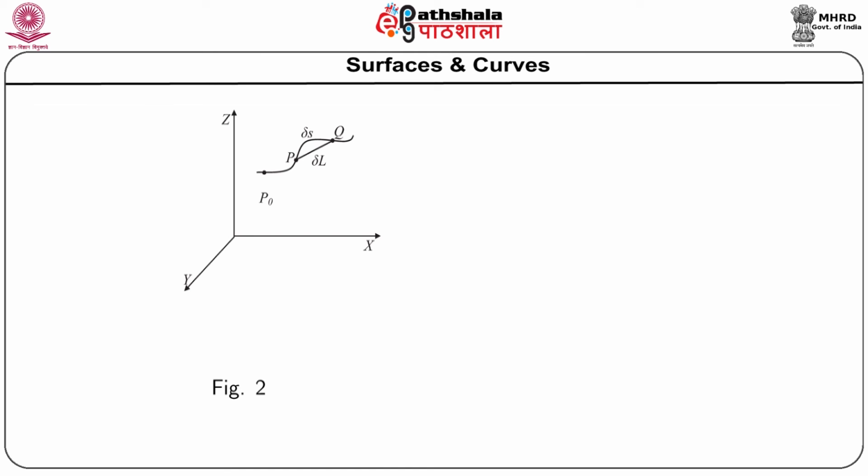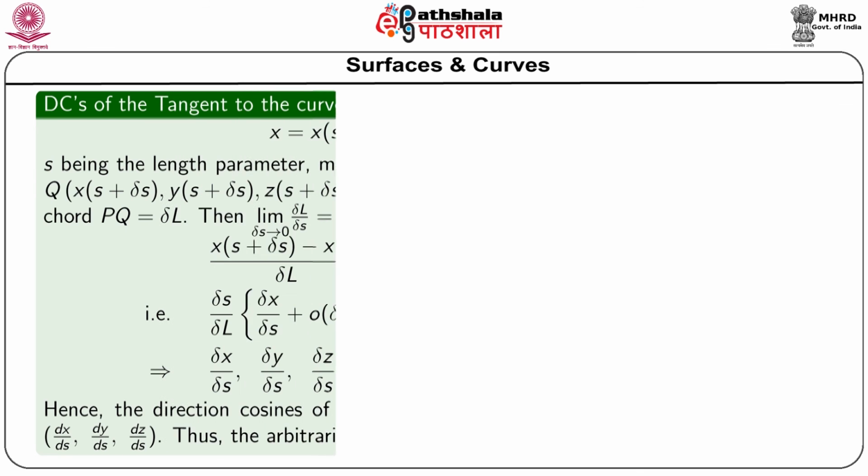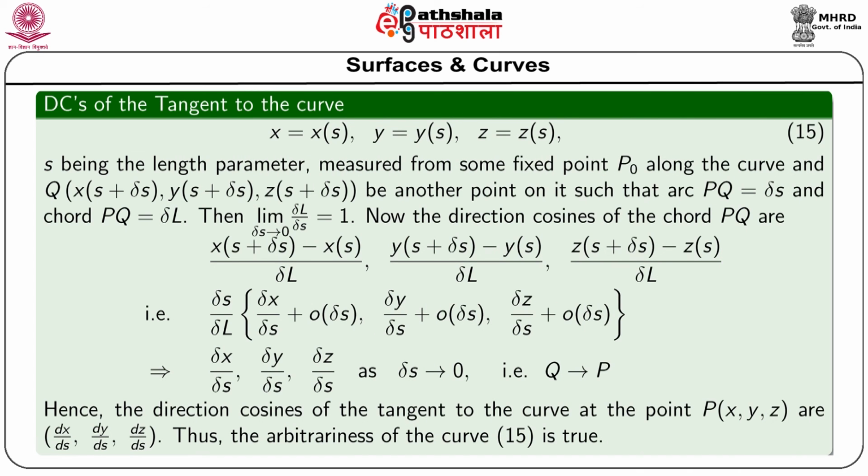Now, when delta s tends to 0, this PQ becomes tangent to the curve at the point P, and also as delta s tends to 0, the ratio of the chord length and the arc length becomes 1.